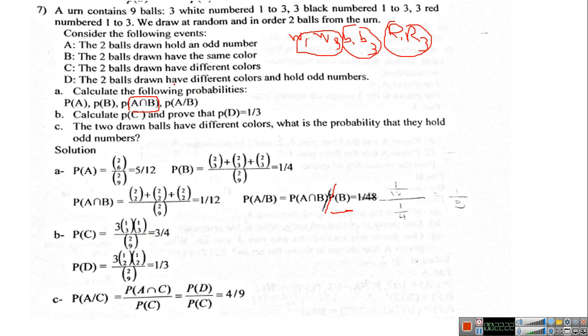The 2 drawn have different colors and hold odd numbers. So it means either I pick, for example, white 1 with B1, or white 1 with B3.